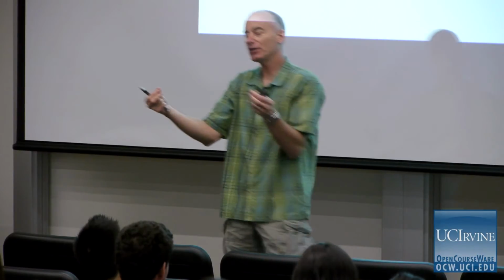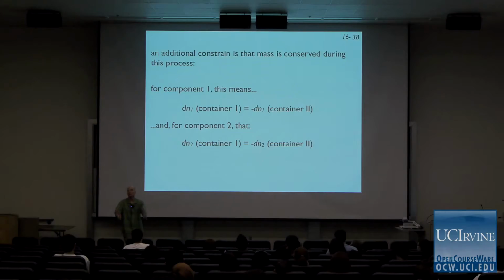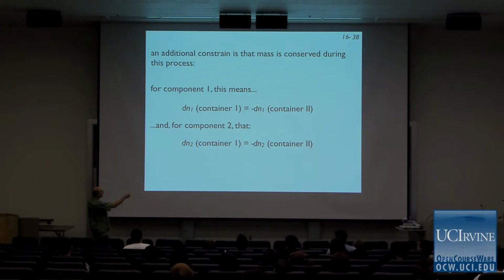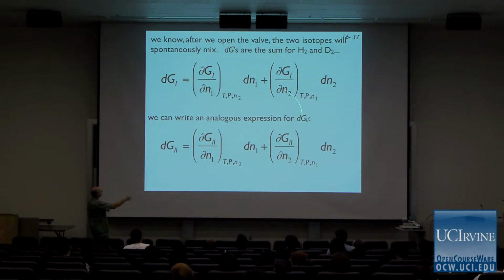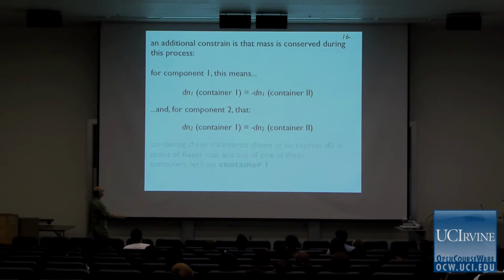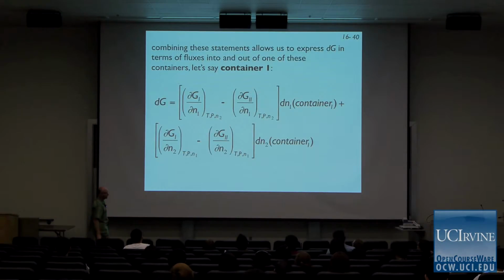So there's a mathematical relationship between dN1 in bulb 1 and dN1 in bulb 2. They have to be related through this equation right here. So for component 1, dN1 in bulb 2 equals minus dN1 in bulb 1. For component 2, dN2 in bulb 2 equals minus dN2 in bulb 1. It's intuitively obvious that that would have to be true. But if I now combine these equations with these equations, I get these equations right here.